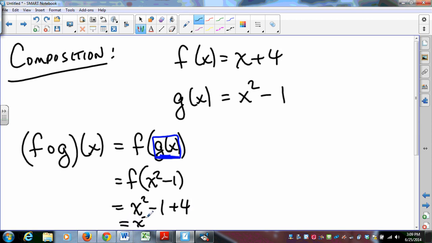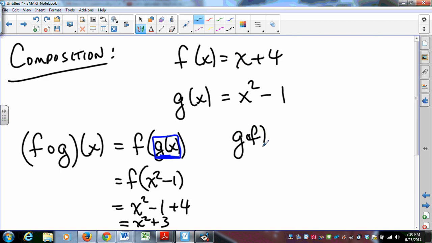And that does simplify. But when I'm doing a composition, when I have fog of x, that fog means f of g of x, which means I figure out what g of x is and I insert it into the f function.